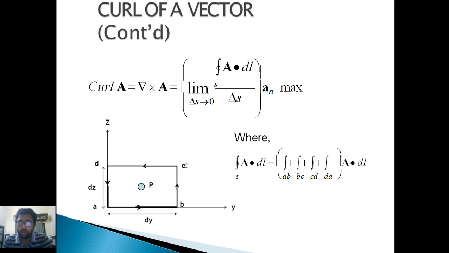That's why the significance of the curl of a vector is in magnetism. In a magnetic field, the curl of a vector has great significance.